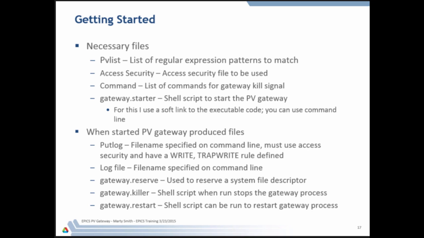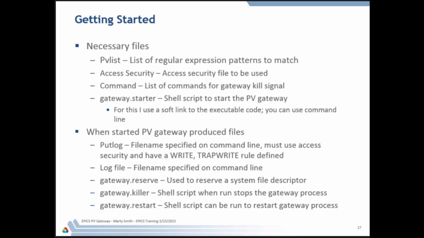And of course you need your gateway.starter shell script or whatever you want to call it. I call it gateway.starter because, well, I know that it's used to start it. I'll cover a little bit about how I go about my directory structures for the PV gateways in a little bit, but I use a soft link for my gateway starter file that actually points to the executable code that I keep elsewhere.